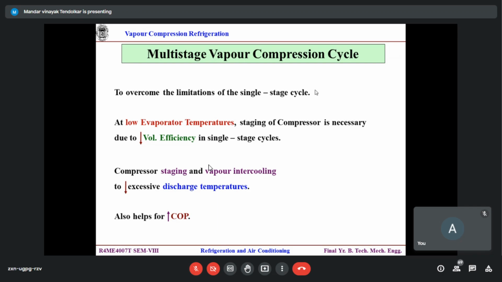So if I have an evaporator pressure of 1 bar and a condenser pressure of 15 bar, then this much compression in a single stage will drastically reduce the volumetric efficiency.